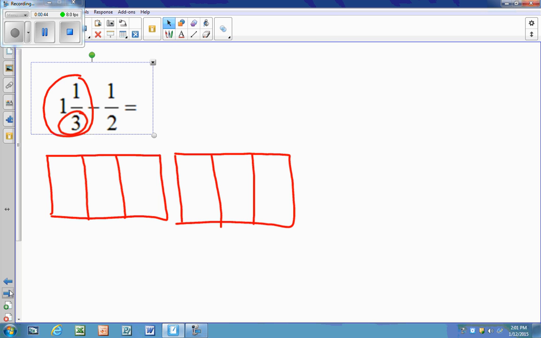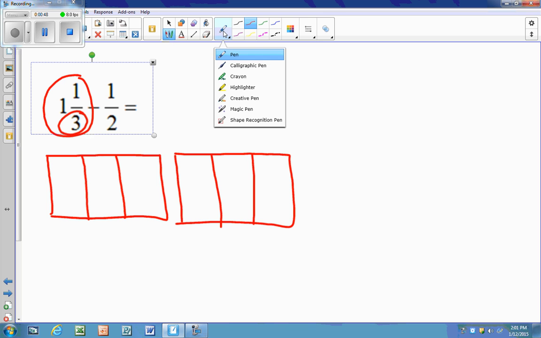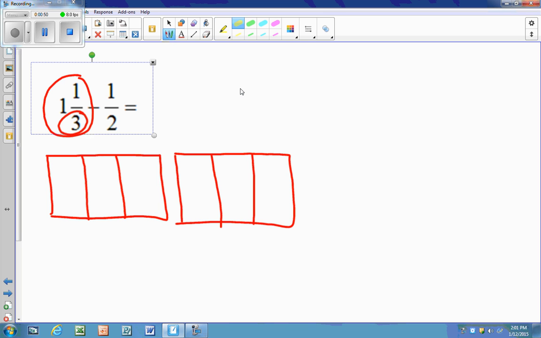Now I'm going to shade in 1 and 1/3. So to shade in 1 and 1/3, I need to highlight one whole entire box. That's my 1. And then I'm going to shade in 1/3 of my second box, and now I have 1 and 1/3 shaded.